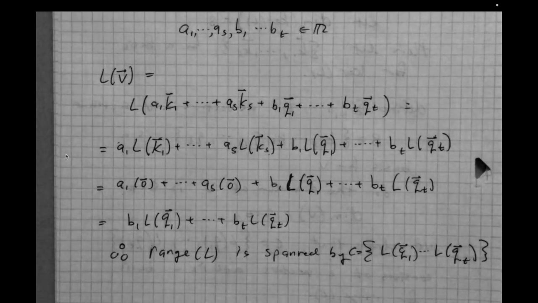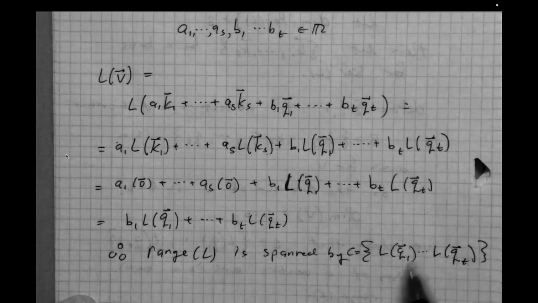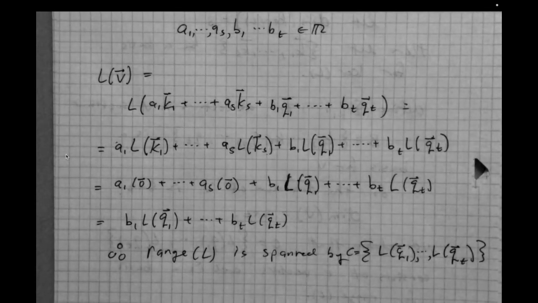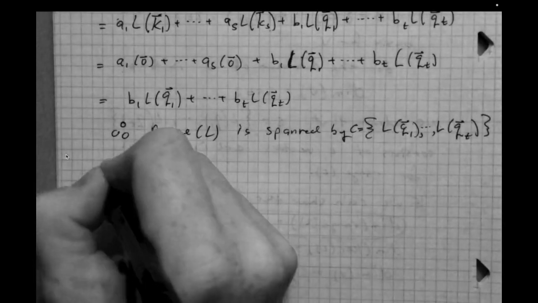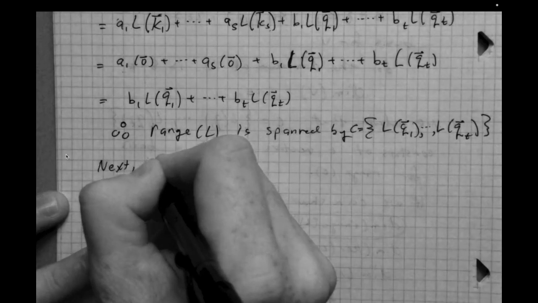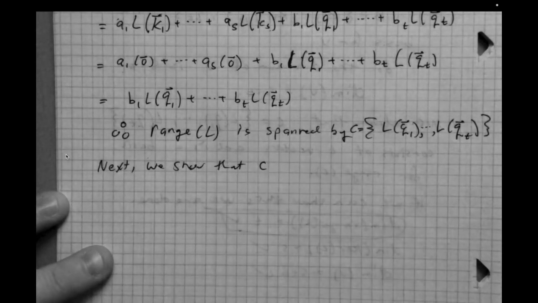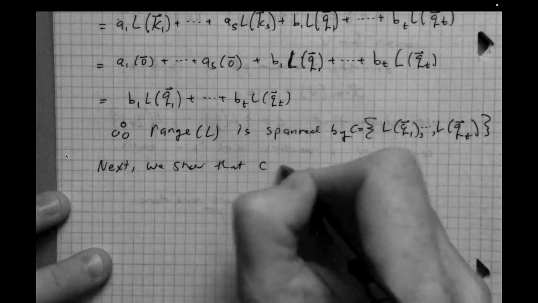What we don't know is that these vectors L(Q1) through L(Qt) are linearly independent. We need to show that next. If it spans and is linearly independent, then we've got a basis. Let's see if it's linearly independent. Spoiler: it is.